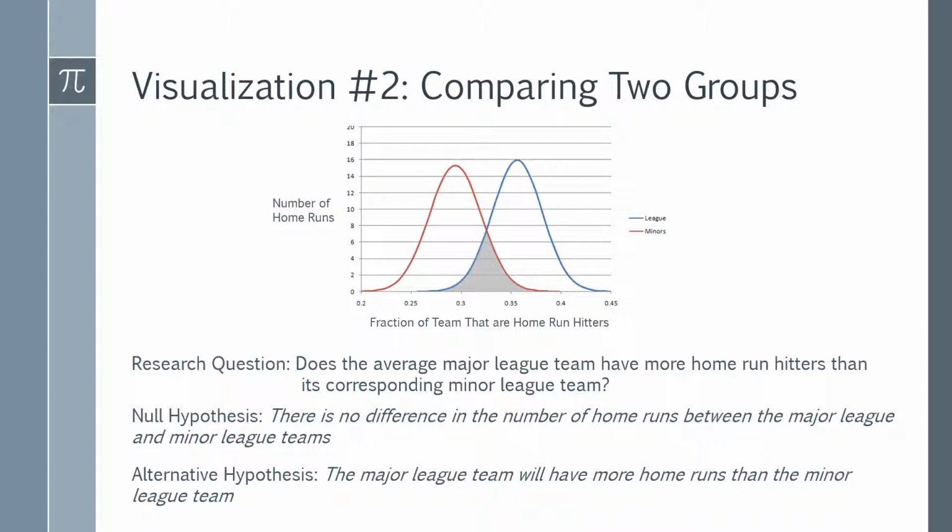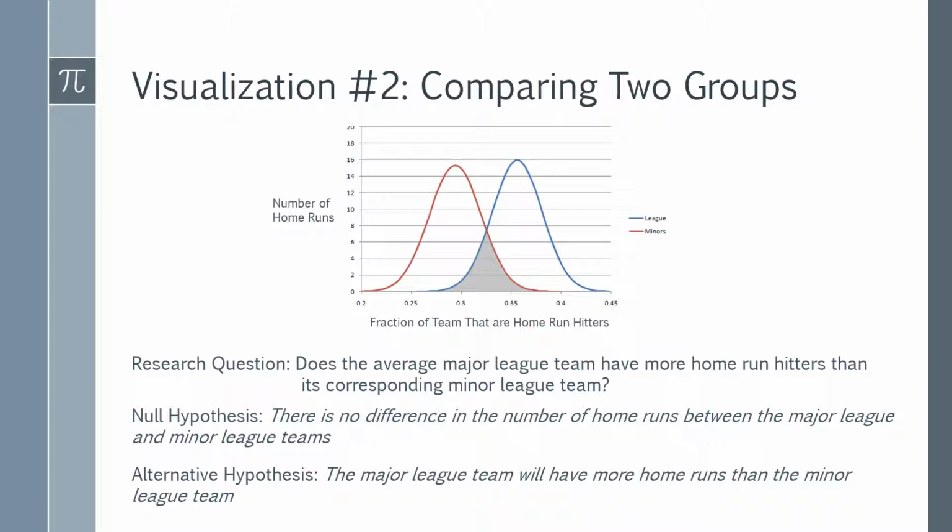When we look at the fraction of the team that are home run hitters, it looks like somewhere between 35 to 40% of the major league teams have about 16 home run hitters, and only 25 to 30% of minor league teams have 15 home run hitters. They look like they have about an equal number of home run hitters between 30 and 35. That is shown by the shaded area right there.